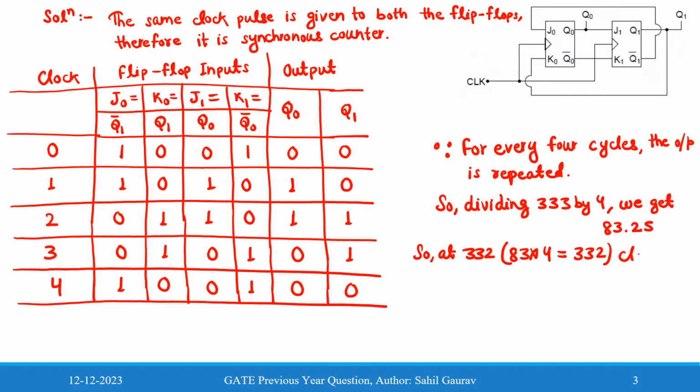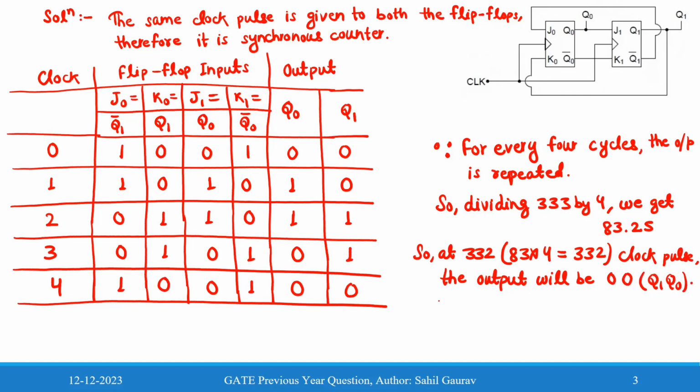So at 332 clock pulse, the output will be just the previous one. The output will be 0 and 0, that is Q1 and Q0.